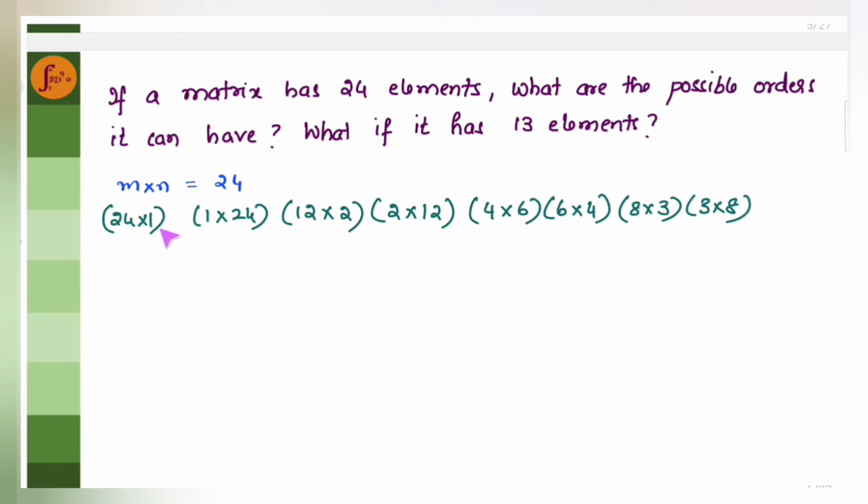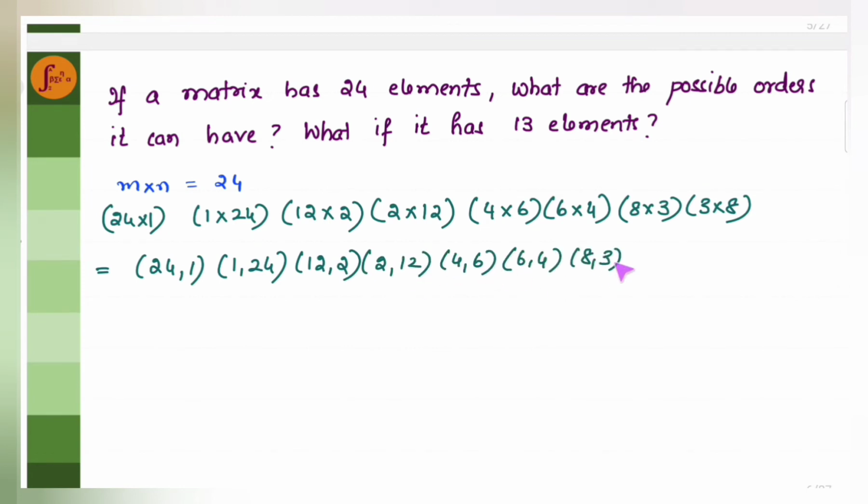So basically 8 combinations are there. We write them as 24 by 1, 1 by 24, 12 by 2, 2 by 12, 4 by 6, 6 by 4, 8 by 3 and 3 by 8. So these are the possible orders.